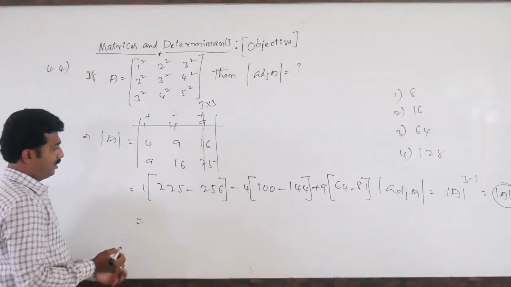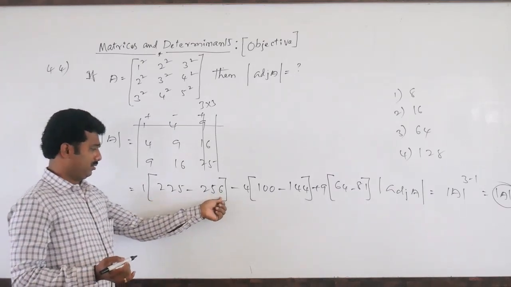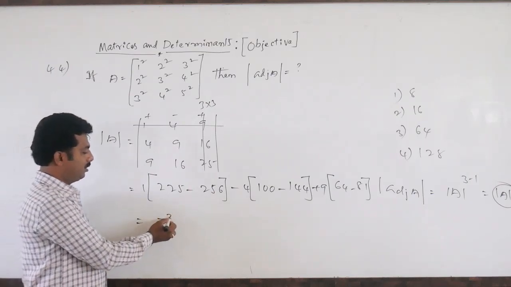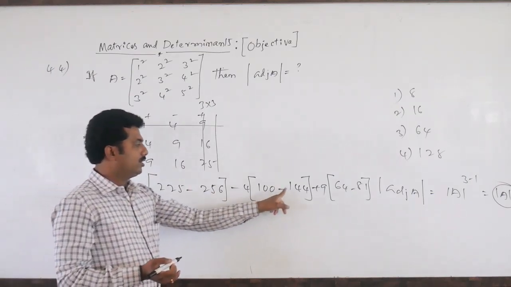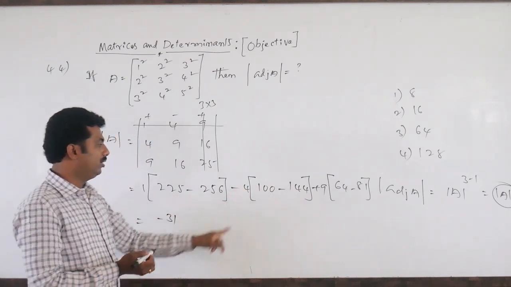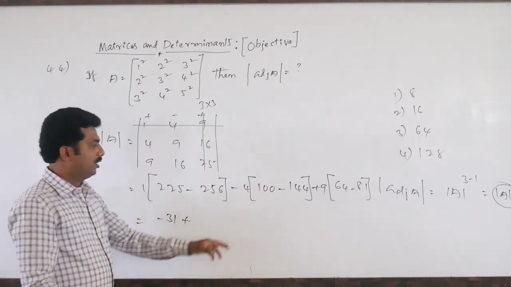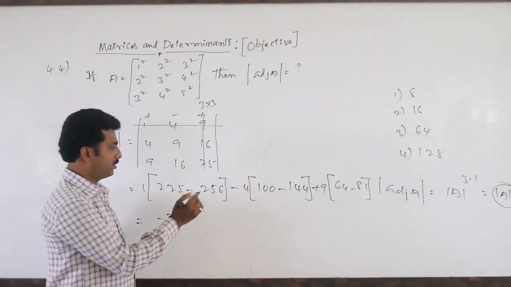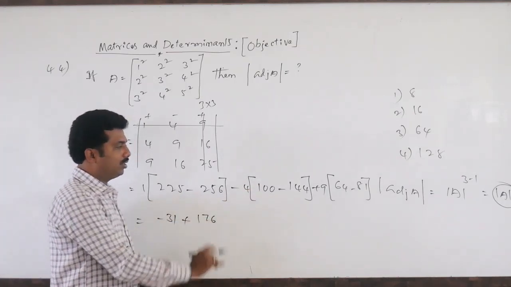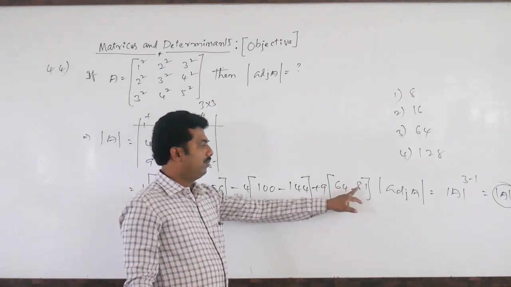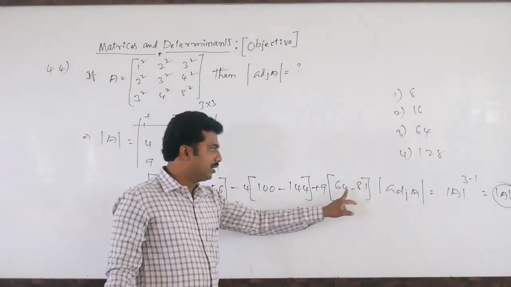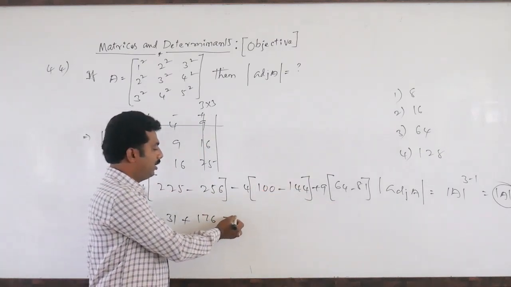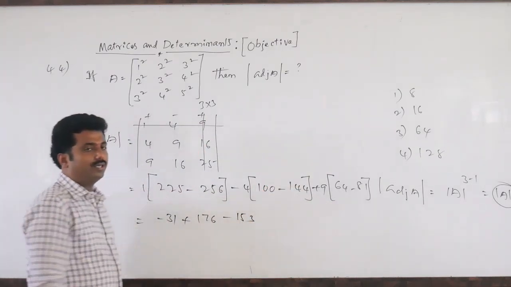From this, 225 minus 256 is minus 31. This is minus 144 into minus 4, which means plus, so 144 into 4 is 576 plus 100, that is 176. 64 minus 81 is minus 17, into 9 is minus 153.